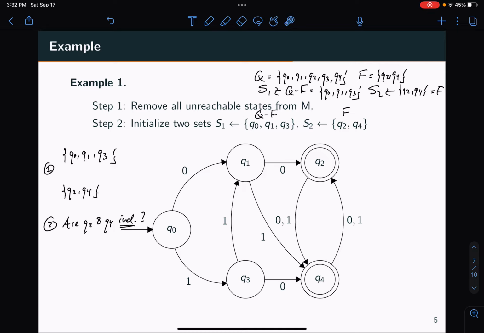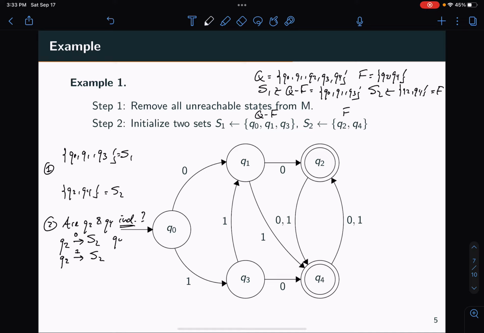Well, let's see. If I'm in Q2 and I read a 0, then I go to Q4. So if this is S1 and this is S2, I go to S2. If I'm in Q2 and I read a 1, I go to S2. Let's see if it's the same thing for Q4.